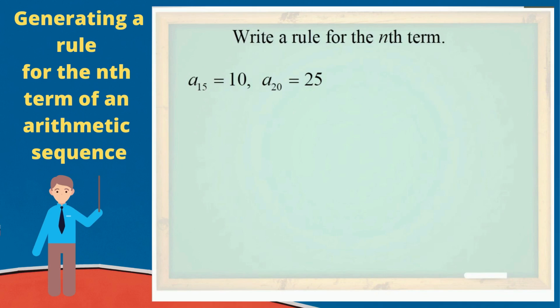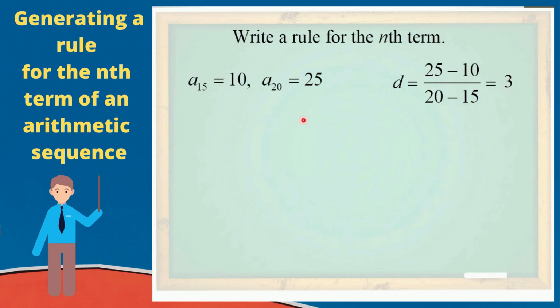To find the common difference, d is equal to the value of a sub 20, which is 25, minus the value of a sub 15, which is 10, all over the subscript of a sub 20, which is 20, minus the subscript of a sub 15, which is 15. So 25 minus 10 is 15, and 20 minus 15 is 5. So 15 divided by 5 is 3. So the common difference is 3.